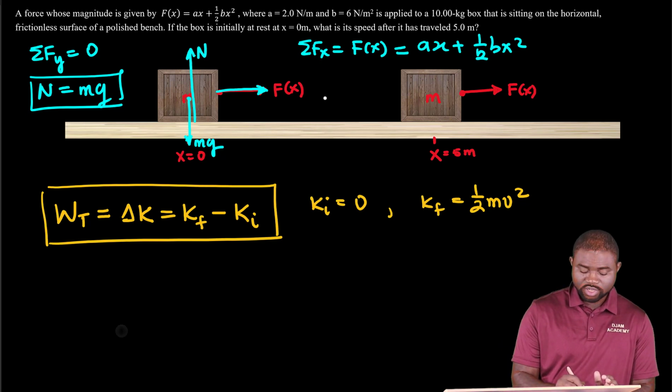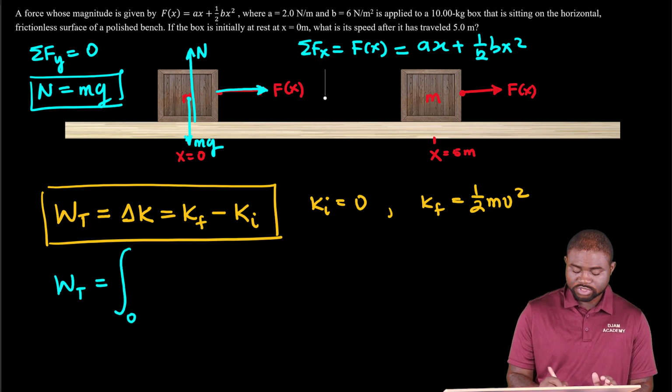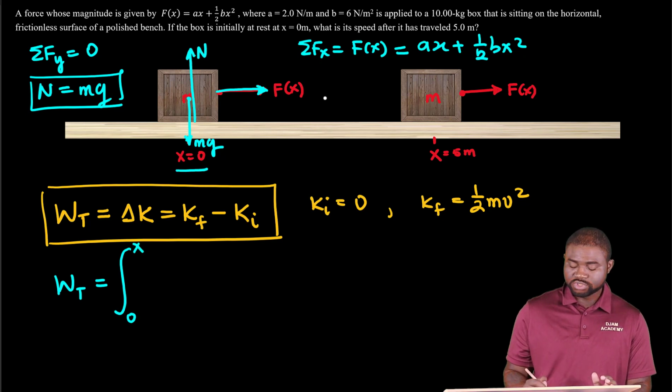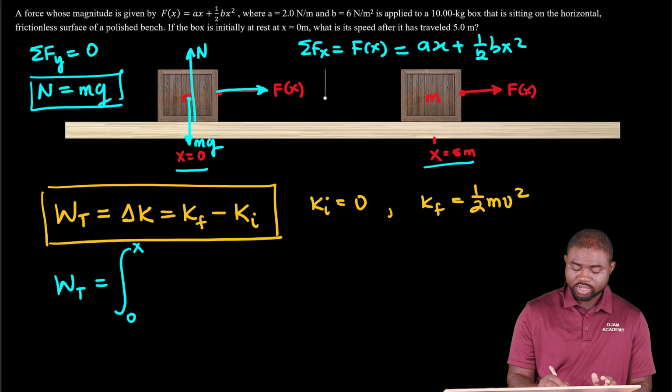So the net work, which is W total, is going to be equal to the integral from 0 to x, because the initial position is x equal to 0 and the final position is x equal to 5. And this is going to be F of x cosine theta dx.